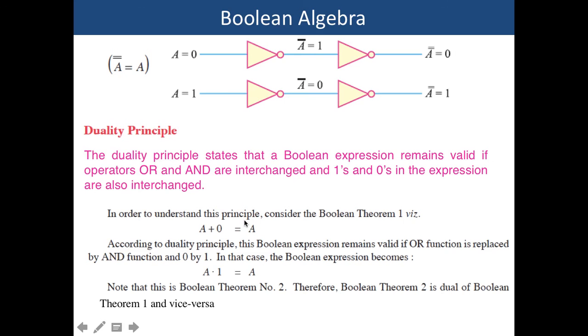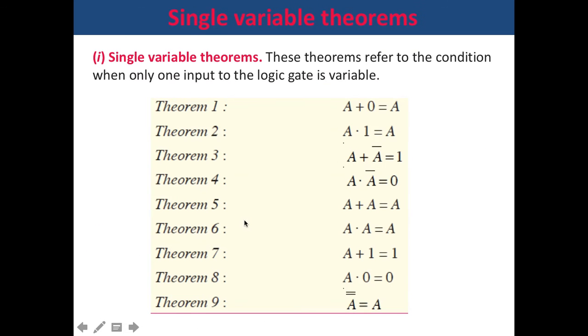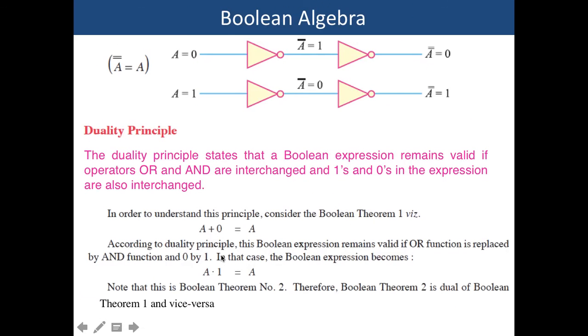Similarly, Boolean theorem 4 is the dual of Boolean theorem 3. Boolean theorem 6 is the dual of Boolean theorem 5. Boolean theorem 8 is the dual of Boolean theorem 7, like this, and vice versa.